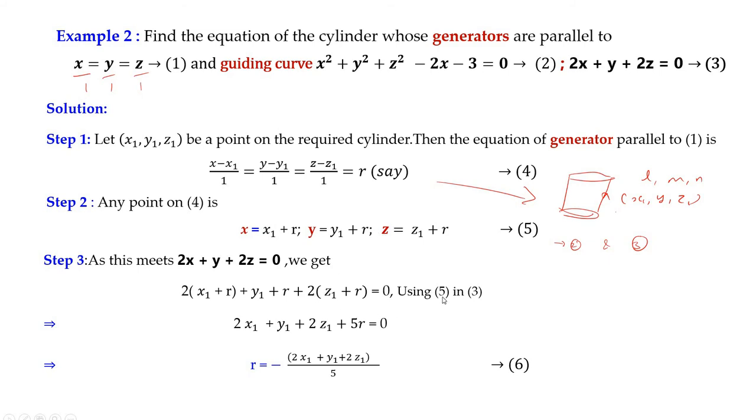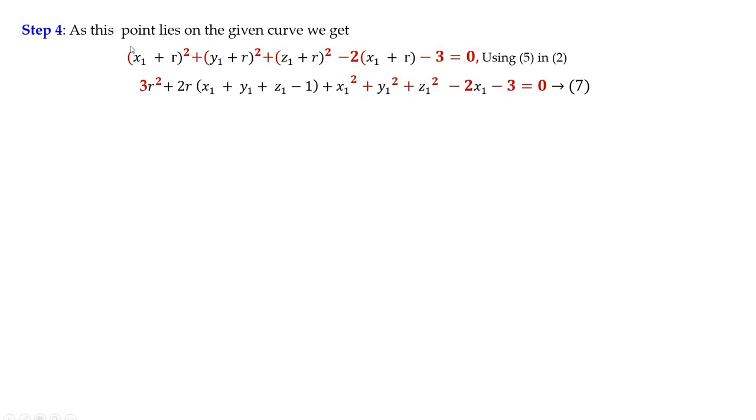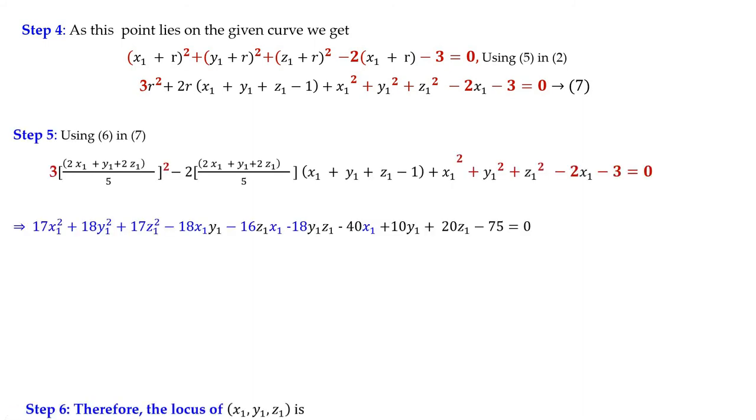So using 5 in 3, on simplification, this is what we get. We shall name that as equation 6, and this point lies on the given curve also. So replacing this, 5 is used in 2, and this is what we have. Name that as equation 7.